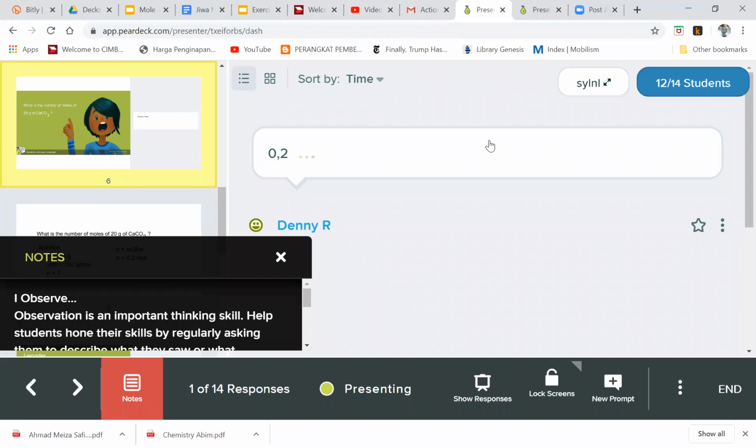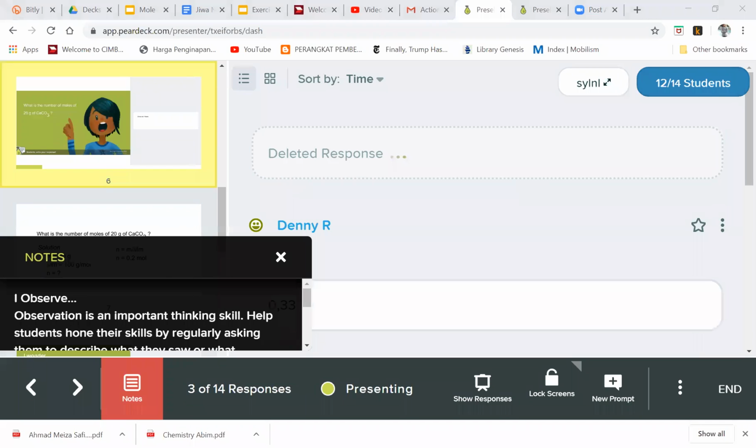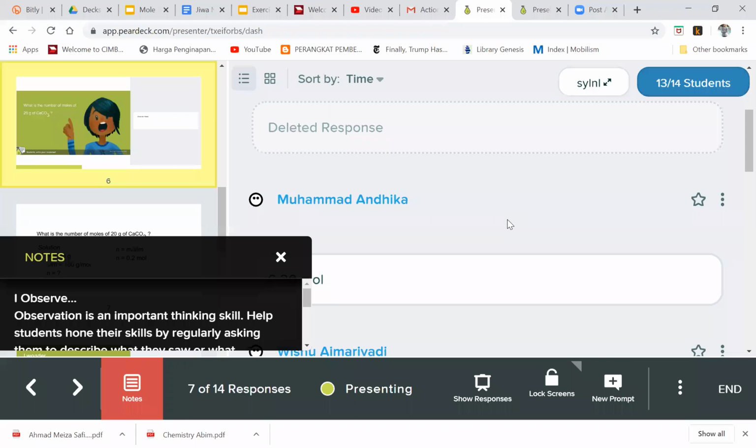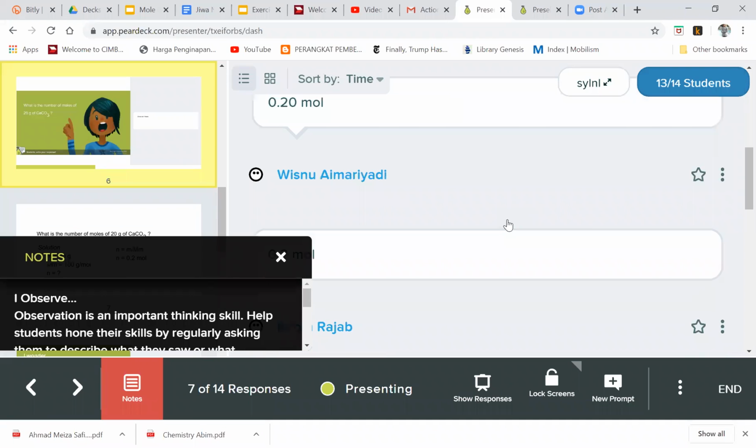One student is writing 0.2 mole. Yes, still waiting for the others to respond. Okay, Denny is deleting your response. Muhammad Andika, please. Yes, Wisnu got the response. You got the answer, Wisnu. Thank you.